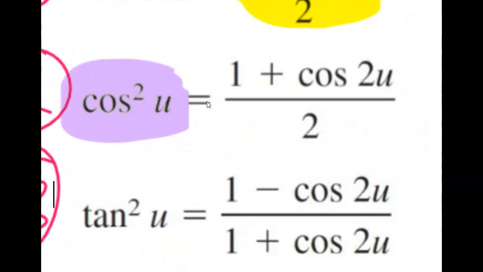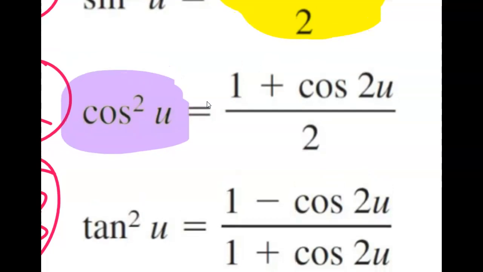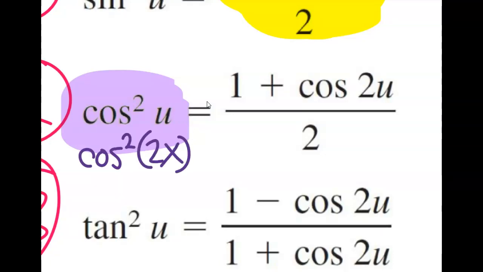What we need to replace is going to be cosine square of 2x. So instead of u, it's 2x.